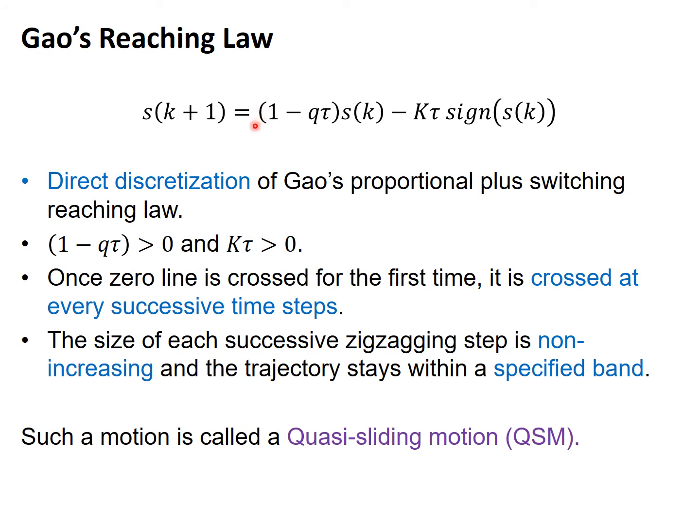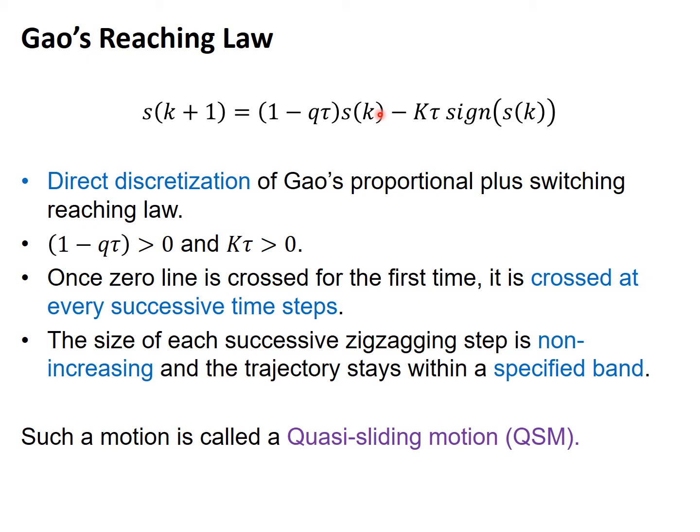Here, if your sk is delta, what would your sk plus 1 be? It would not be delta, it would be minus delta. Please keep that in mind, because we are crossing and recrossing. If on one side we are at delta, on the other side we would go to minus delta. That is the steady state behavior. Steady state behavior means that on this side as well as that side we are reaching the same value.